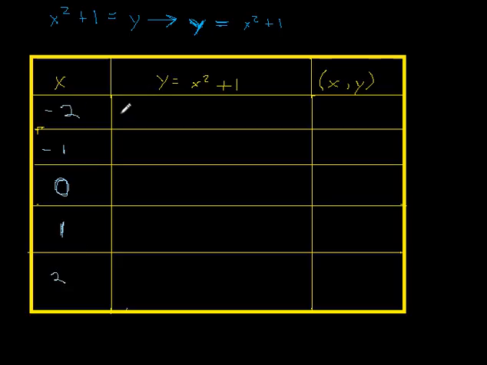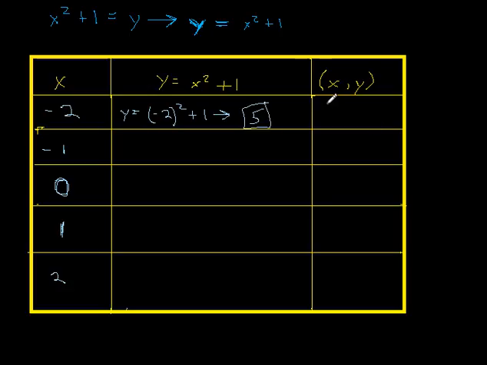So let's see. I have y equals x squared plus 1. So substitute -2 in for the x. You get y equals -2 squared plus 1. And -2 squared is +4, plus 1 is +5. So this equals 5.